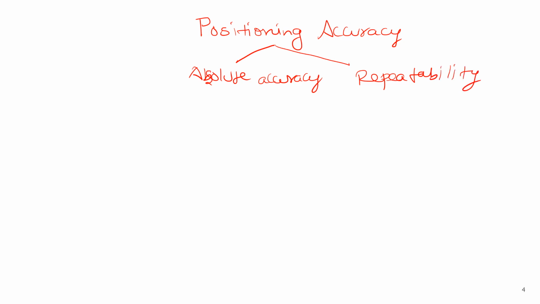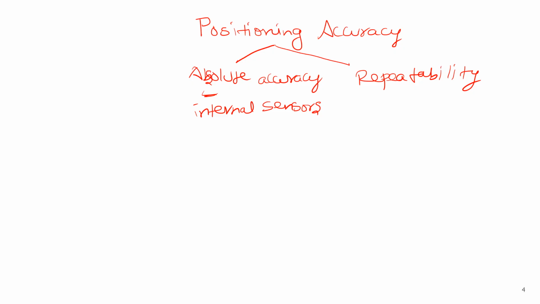The absolute accuracy is influenced by various factors like internal sensors. Internal sensors we use to measure the joint position or to control the robot motion, so we will be using many internal sensors.